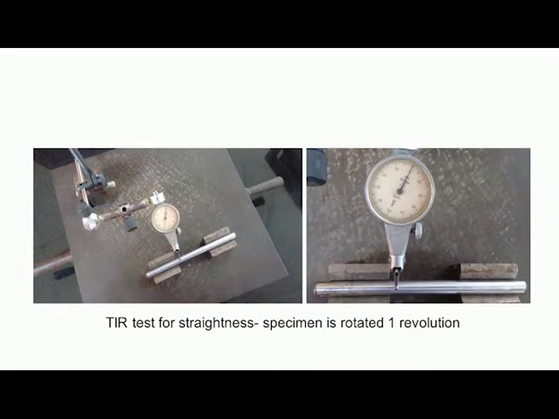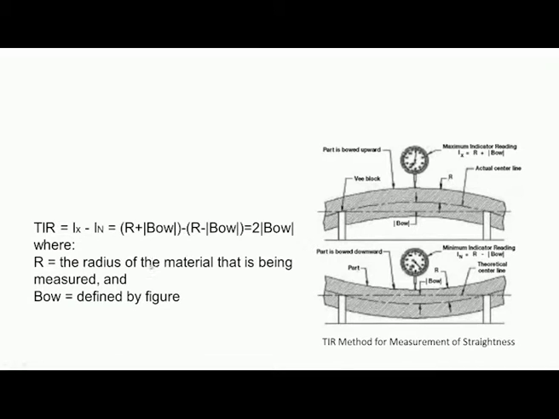The 2 V blocks are kept on the surface plate, and then the rod specimen is placed on the V blocks, and we use the test dial indicator, and then we have to rotate the specimen and take the readings. Those readings are fed in the expression to get the straightness error. So, these two are V blocks, this is the specimen and the indicator. We have to rotate this and take the reading.